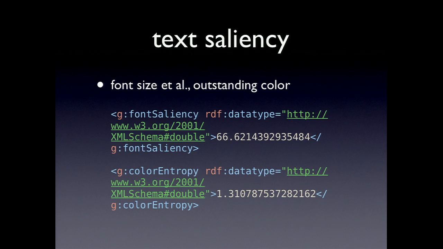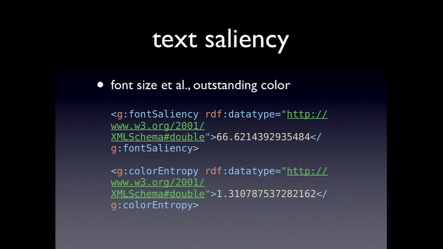Saliency is about how outstanding some items are, and it can be calculated in a relative way just by looking at font sizes, weights and colors, and looking at the frequency of these font sizes. So we have a very straightforward way to encode this, and we come up with just a number.